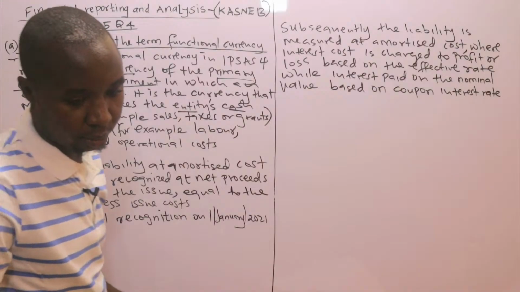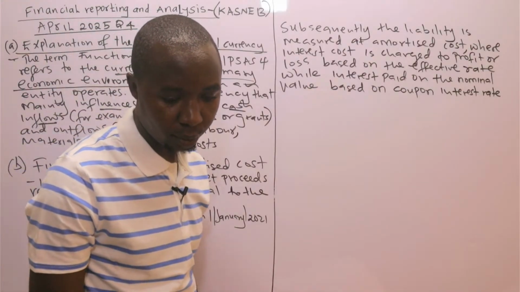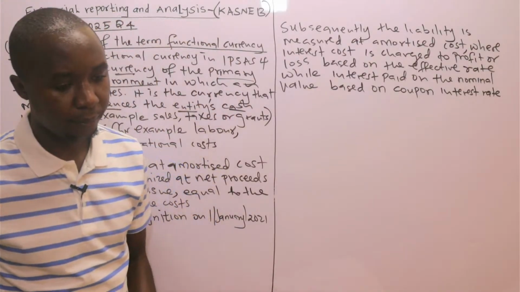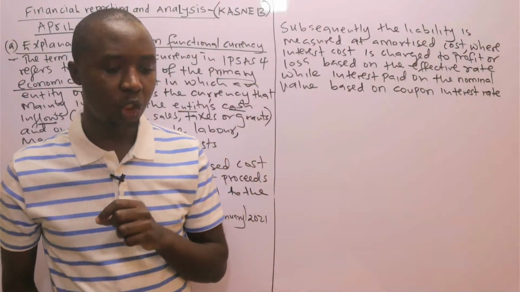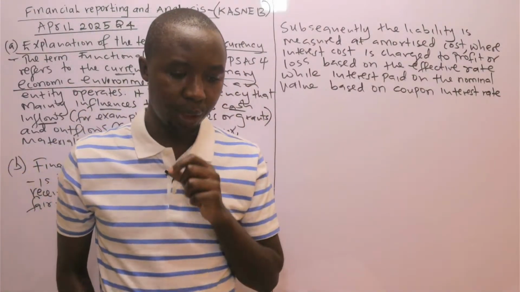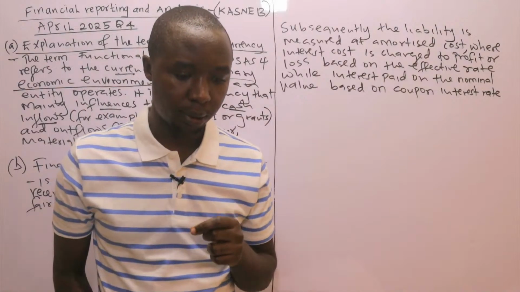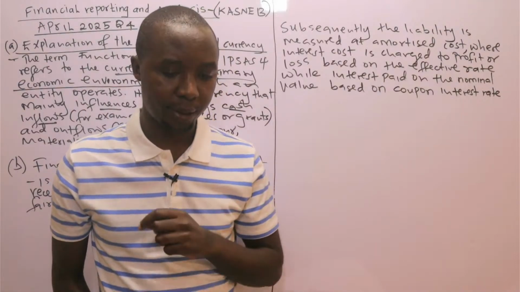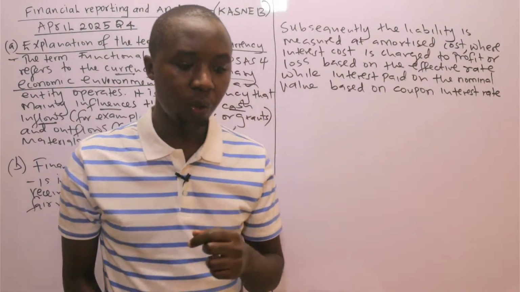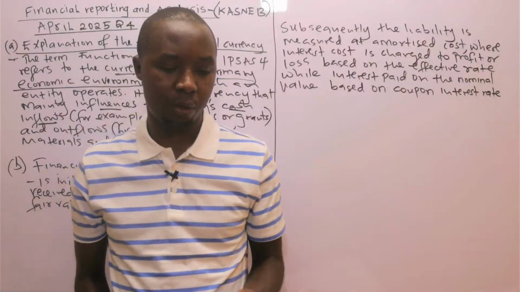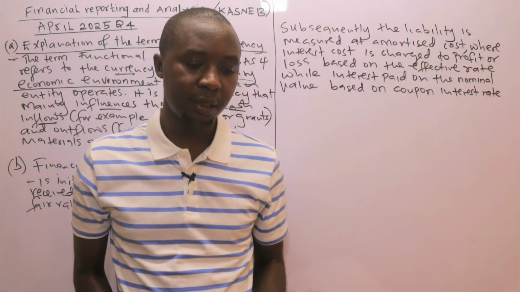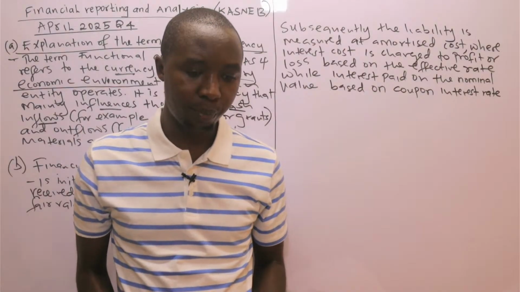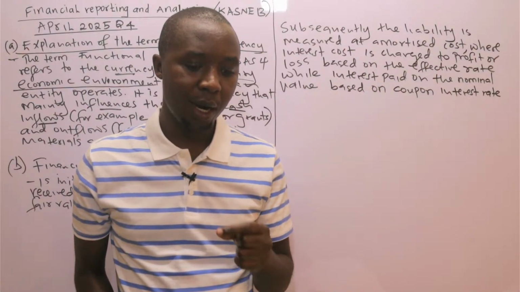And we go to part B. They are saying, on 1st January 2021, Trends Limited issued 20 million 8% loan notes at a discount of 5%. The issue cost amounted to 1 million. The loan notes were redeemable on 31st December 2024 at a premium of 1,130,000.